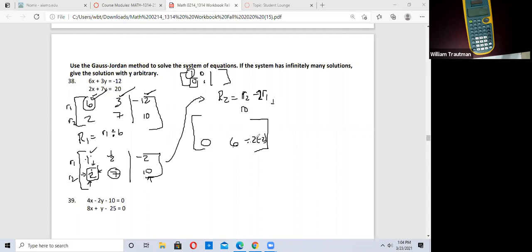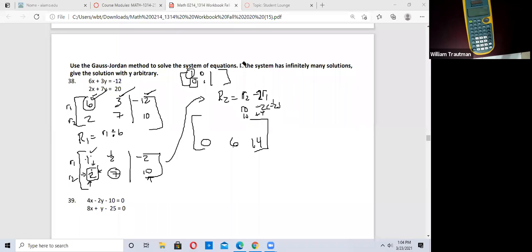Why did I put that right there? I was supposed to put it up here. So this ends up being 10 plus 4. I end up with a 14 right here.